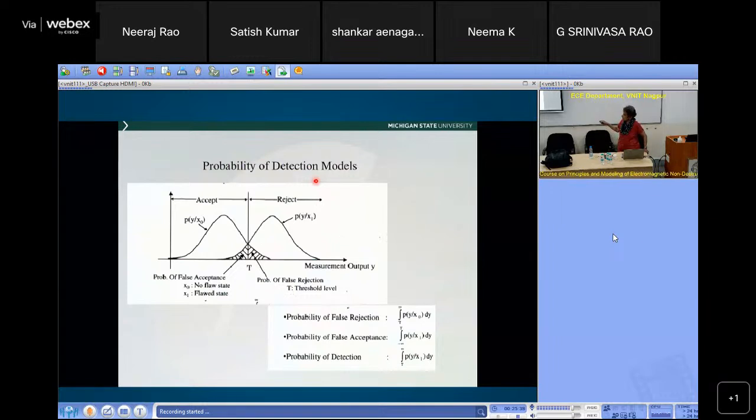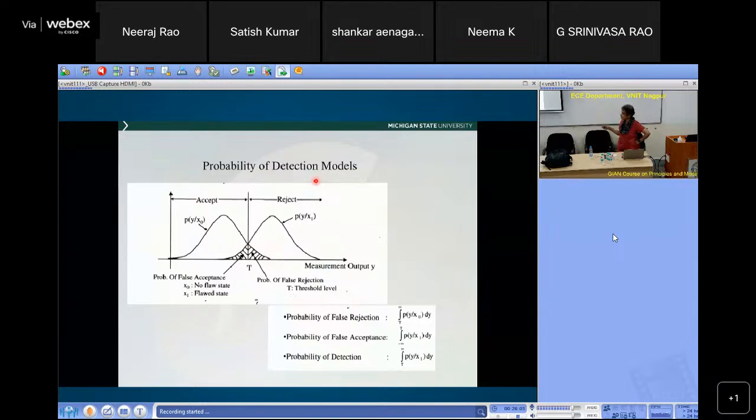What you really have is some overlapping. If the two flaws are very, very big, they can be well separated. But the first one is, even when there is no flaw, you're getting some signal. You'll get some small signal, and you have a PDF because of uncertainty. And this is the flaw PDF.